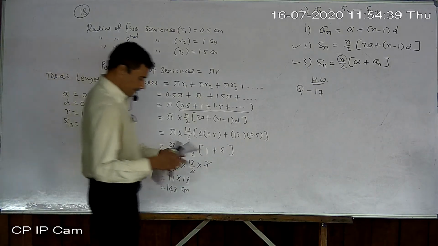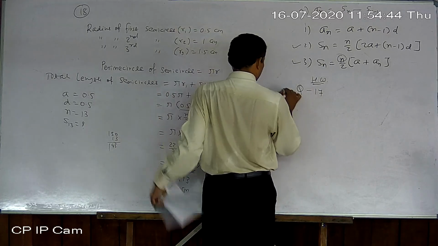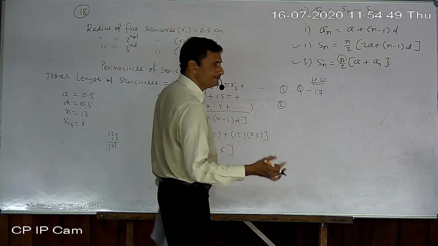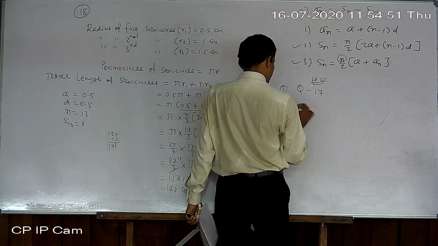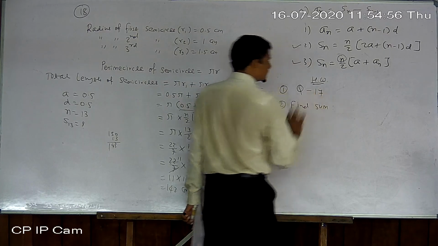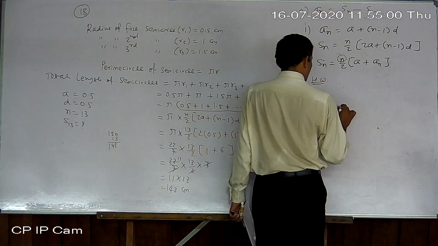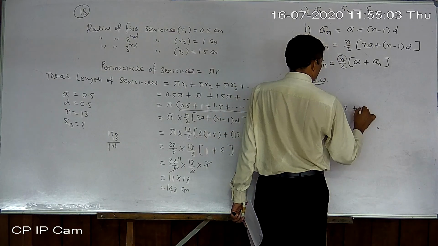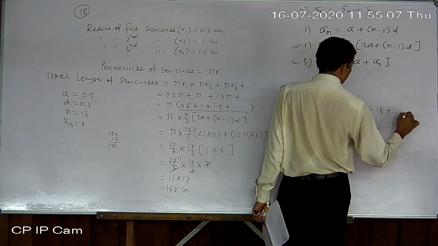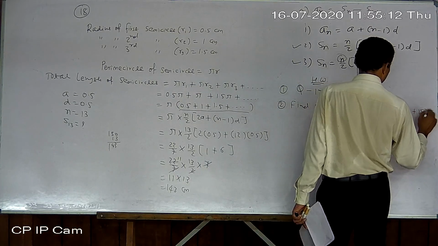Okay, now I give you a few extra sums. One sum is from the textbook. The second is just simple. Find the sum of 12, 15, 18, up to 153.